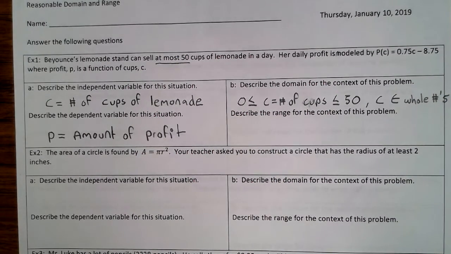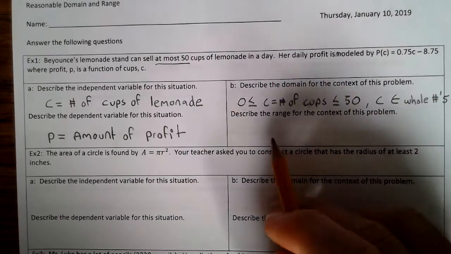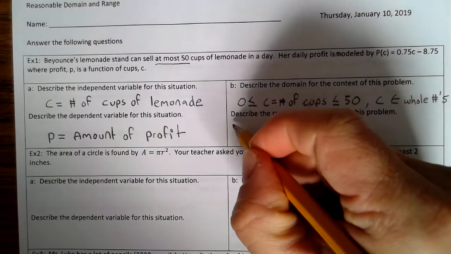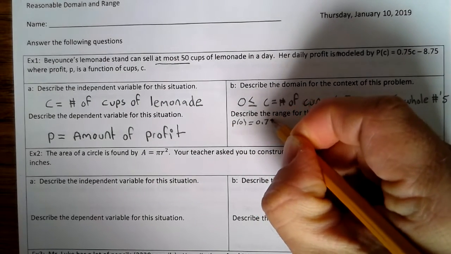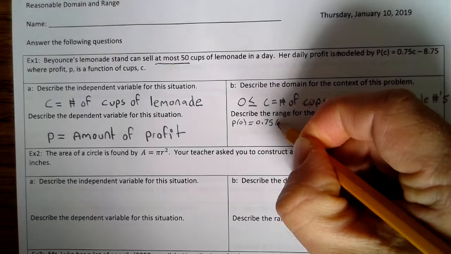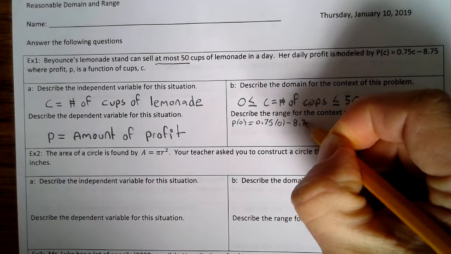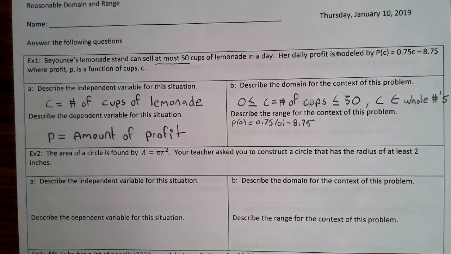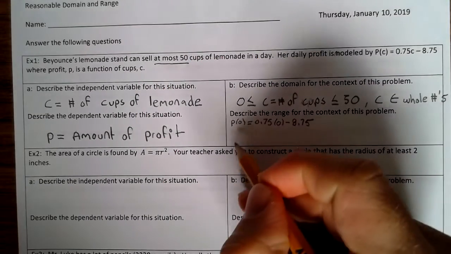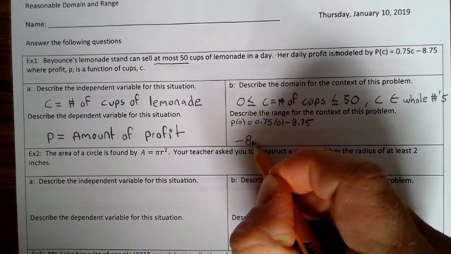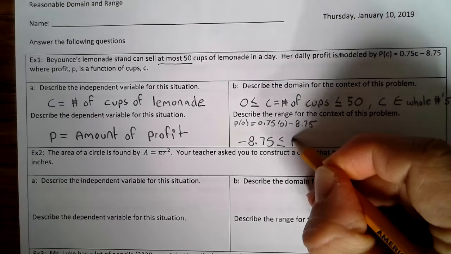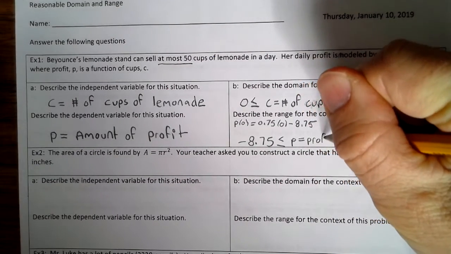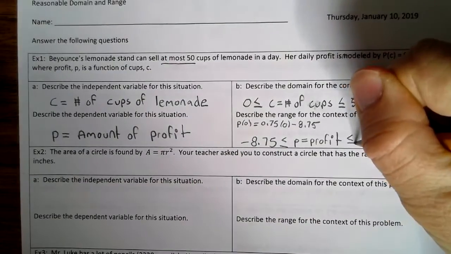Describe the range for the context of this problem. So if you have 0 cups, then P of 0 equals 0.75 times 0 minus 8.75. So when C is 0, P is negative 8.75, less than or equal to P, which is profit, less than or equal to, now we need to find out when C is 50.